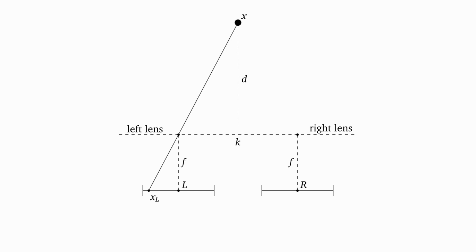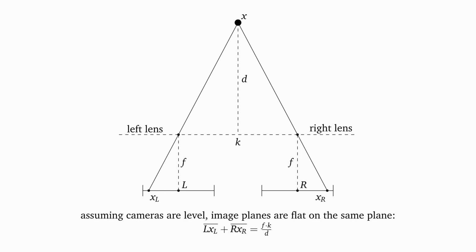The pixel X is then projected onto the pixel XL on the image plane of the left camera. The same happens for pixel XR on the image plane of the right camera. Using the similarities of the triangles, we can then determine the distance to the pixel X using the displacement of the image pixels, the focal length f, and the distance k between both camera lenses.